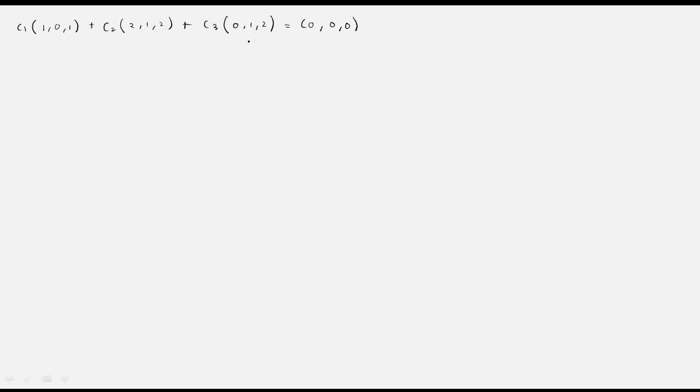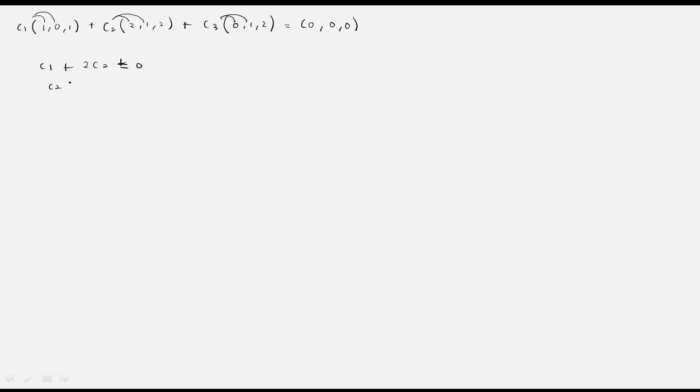Okay, to check, let's change this into equations. So C1 plus 2C2, and we don't have C3, so equal 0. And then 0, 1, 1.